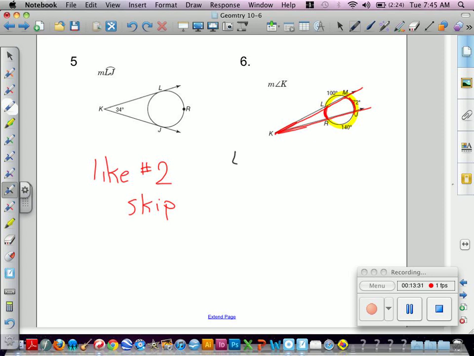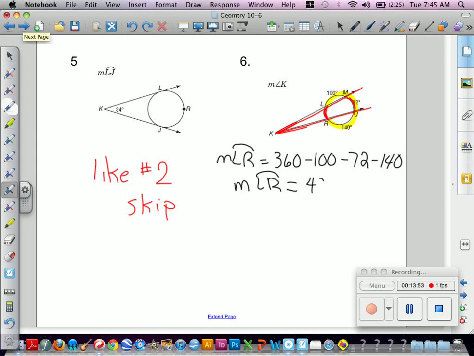So to find the measure of LR, you're going to subtract all of those from 360. So you're going to take 100 out of there, you're going to take 72, and you're going to take 140. It's 360 all the way around that circle. So the measure of LR equals 48 degrees.